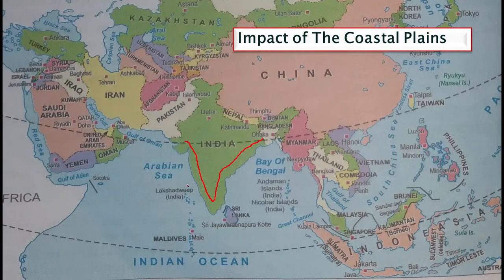These coastal plains of India were isolated by land, but they were open to the sea to establish commercial relationships with European, Southeast Asian and African countries. In fact, the first Muslim and Christian traders reached Kerala by sea. They came from European countries and reached Kerala. Similarly, many people from Africa came and entered the coastal plains of India.